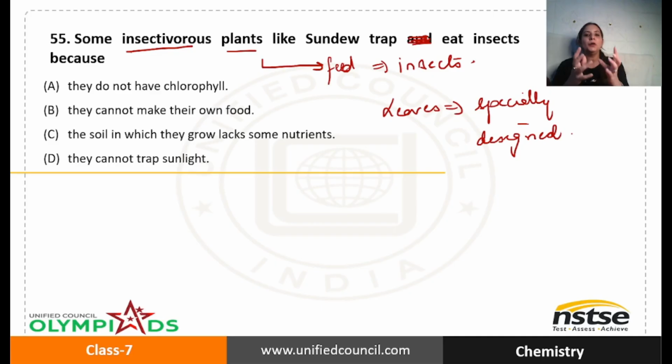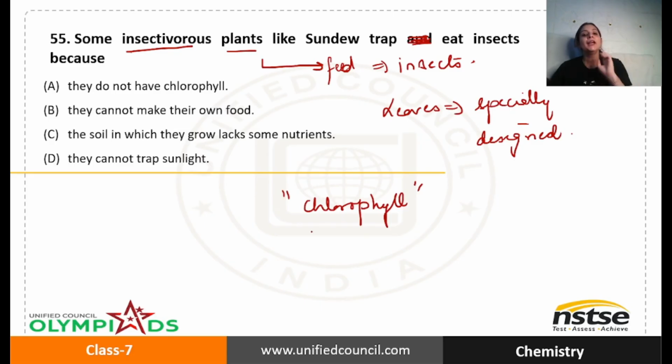In the pitcher, digestive juices are secreted and they eat up insects and fulfill their nutritional requirement. Do you know that they have photosynthetic pigment in them? They have chlorophyll, but they are not able to photosynthesize food, and they feed on insects.